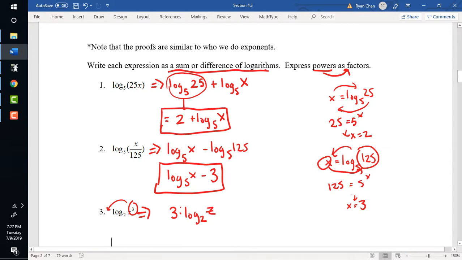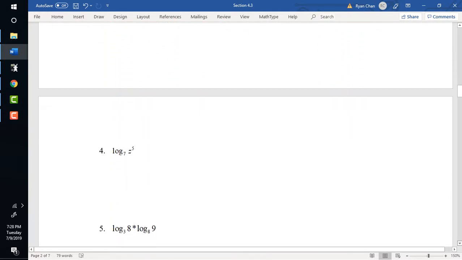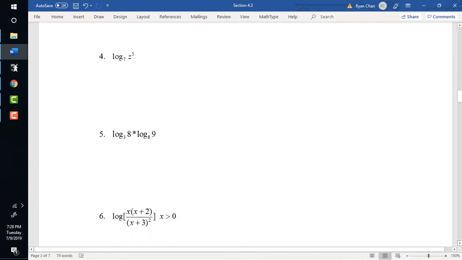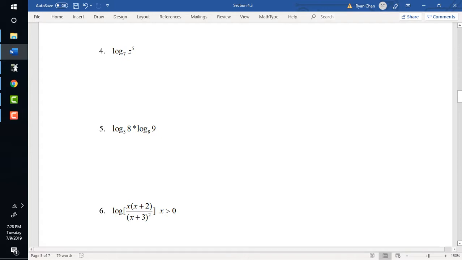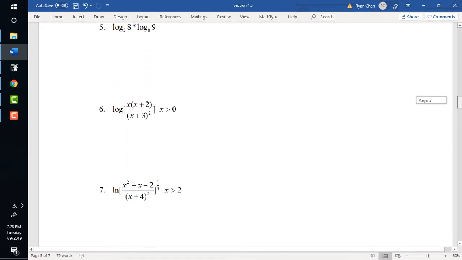So we did some of the easier parts. So let's take a look at this right here. What will happen, for example, if we have multiple situations happening? Some of these can get pretty tricky.